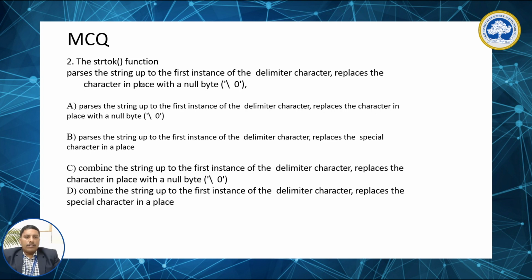The strtok function is used to either: A, parse the string up to the first instance of the delimiter characters and replace the character in place with null bytes, \0; B, parse the string up to the first instance of the delimiter and replace the special character in place; C, combine the strings up to the first instance of the delimiter characters and replace the character in place with null bytes, \0; or D, combine the string up to the first instance of the delimiter character and replace the special character in place.